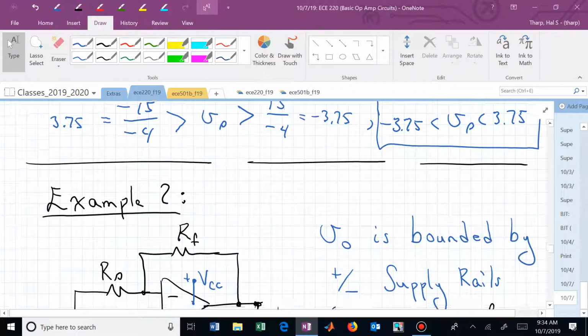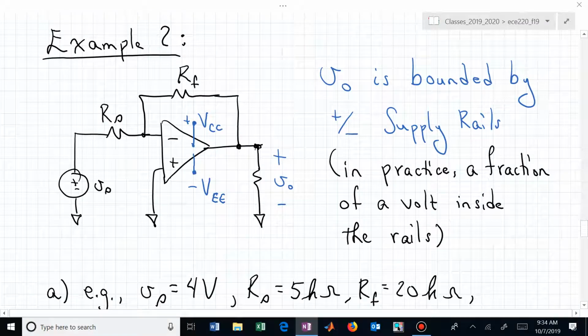Let's look at that a little bit more in example 2. Example 2 now says, what kind of a circuit do we have? An op-amp circuit. Correct.